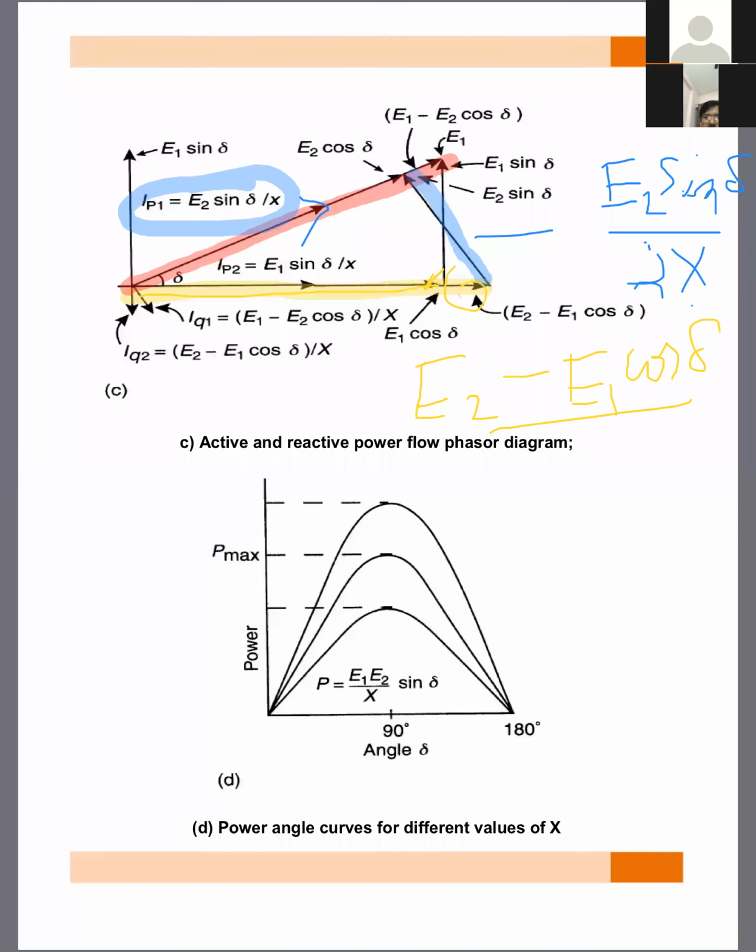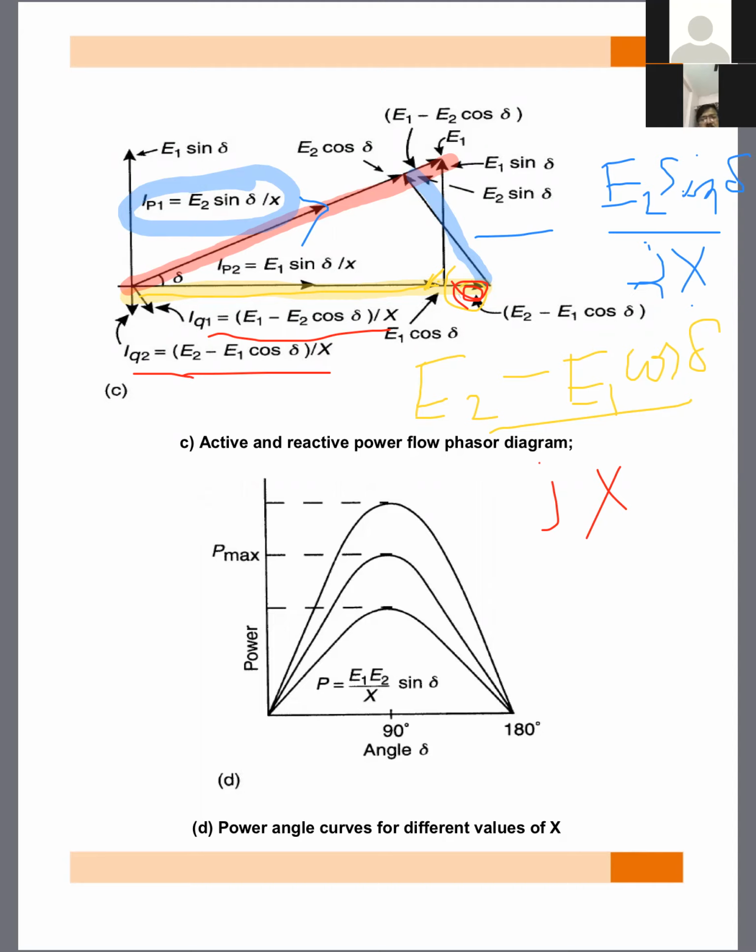This will drive the current, so it is divided by Jx. That is the quadrature current, E2 minus E1 cos delta divided by Jx, which gives rise to a current IQ2, which lags E2 by 90 degrees. That means the quadrature component of the current.